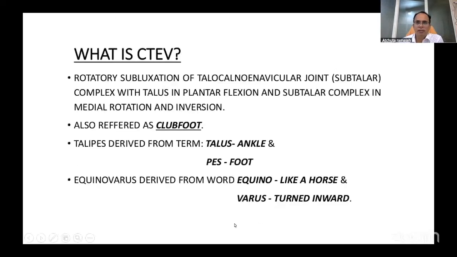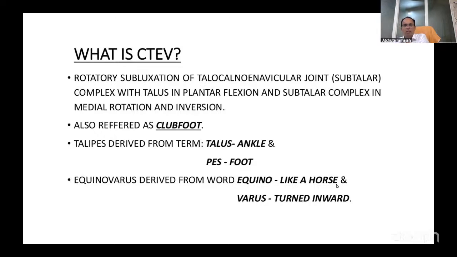So what is CTEV? The definition itself is a rotatory subluxation of the talocalcaneonavicular joint complex, where the talus is in plantar flexion, with subtalar inversion, medial rotation and elevation.